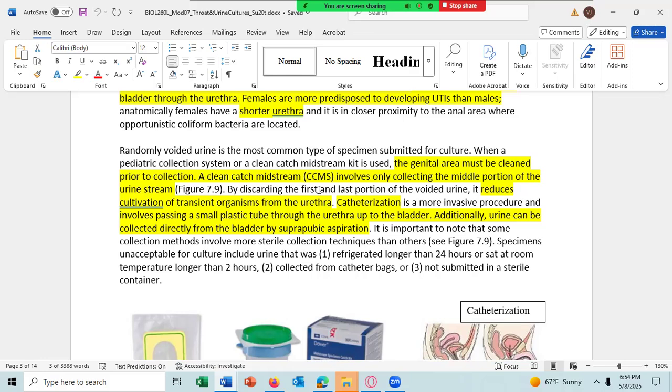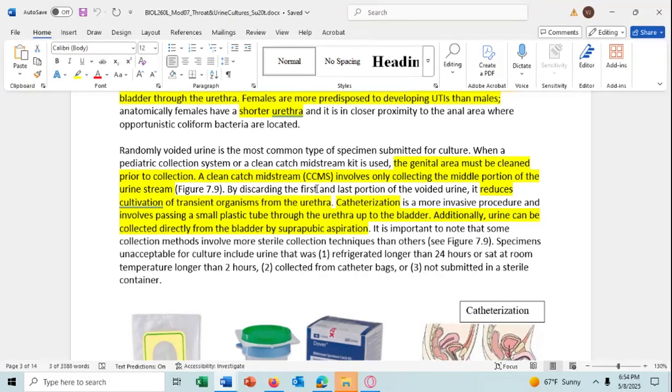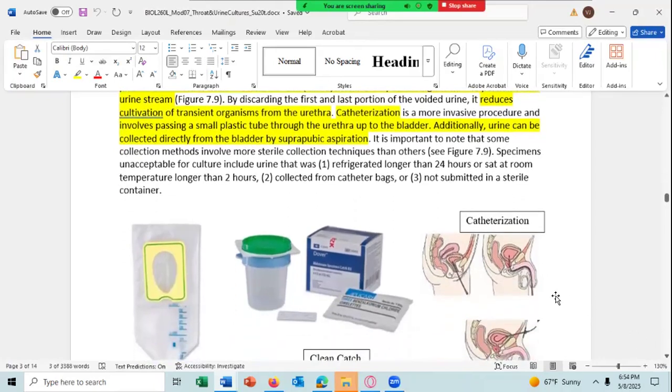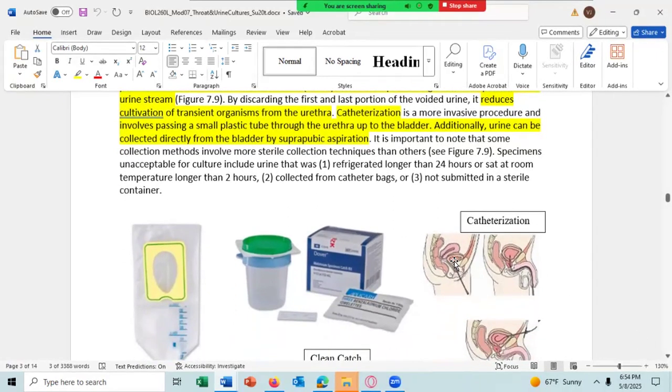If you wanted the urine even cleaner, you can also put a catheter directly into the bladder and then sample the urine that way. The trouble is the catheter is going through the urethra. The catheter can pick up bacteria from the urethra and then bring the bacteria into the urine.